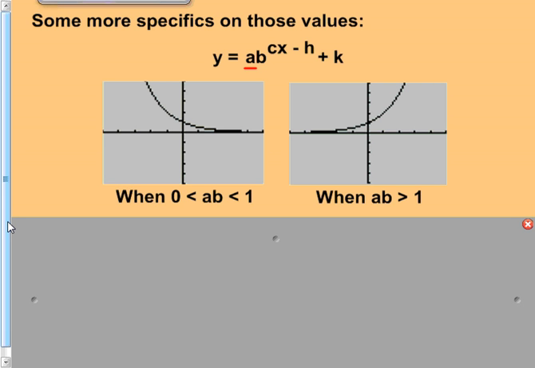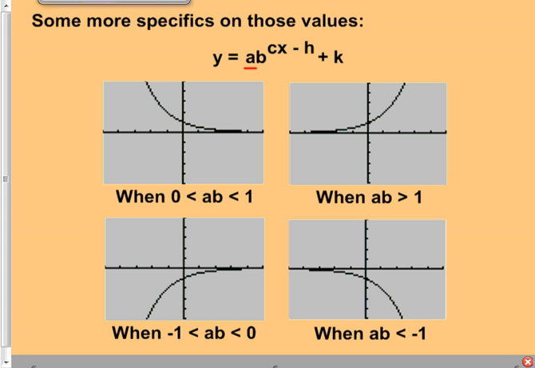It still passes through (0, 1) on the y-axis, but turns upward in quadrant 1 or quadrant 2, depending on where the value of a times b puts it. If a times b is between 0 and 1, we see the graph on the left. If it is larger than 1, we see the graph on the right.